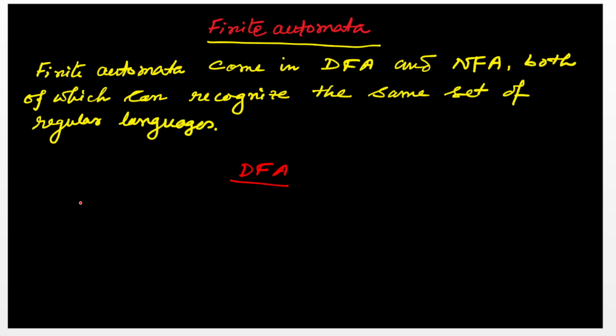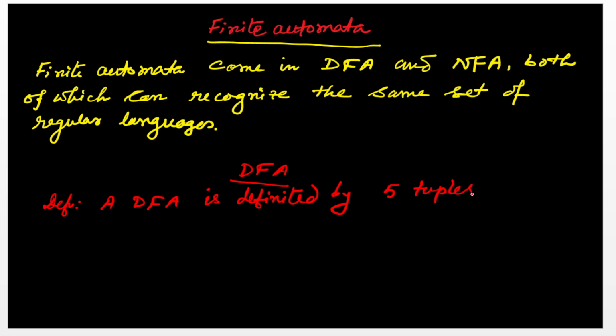So we can define that this deterministic finite automata is defined by using a 5-tuple. So definition: a DFA is defined by a 5-tuple.